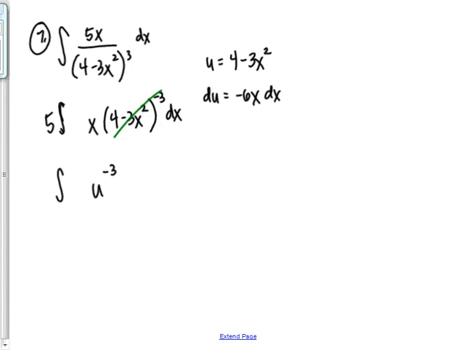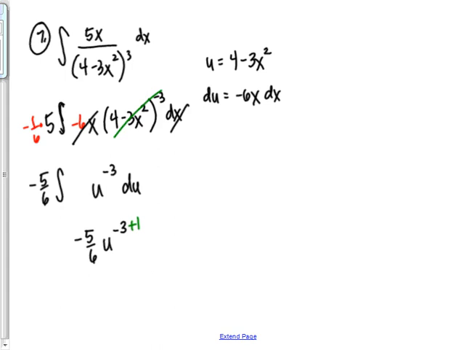And then I need negative 6x dx, and I don't have that. So if I stick in a negative 6, then you need to balance it out with the reciprocal, negative 1/6, on the outside. And you can multiply those. So we end up with a negative 5/6. And then this now is du. So let's write negative 5/6 u to the negative 3. We want to add 1 to it. And I get a negative 4. Nope, I don't. I get a negative 2. Sorry.